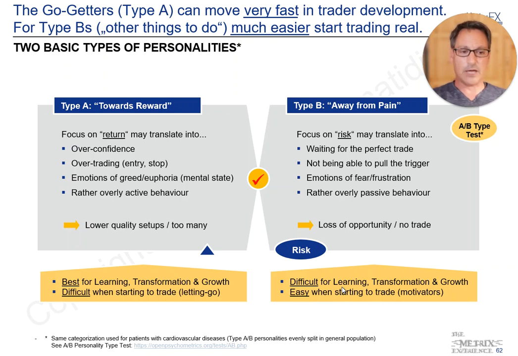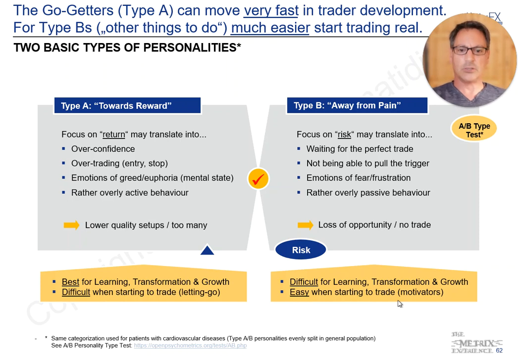But once they have matured into a trader, for them it's actually relatively easy to start trading the live markets, because they don't have the feeling of FOMO. When they see a high quality pattern and they have matured as a trader, so they see it, they feel good about it, then they can take the trade. If it's not a high quality, no regrets trade, then they just don't take it. So these are the pros and cons.